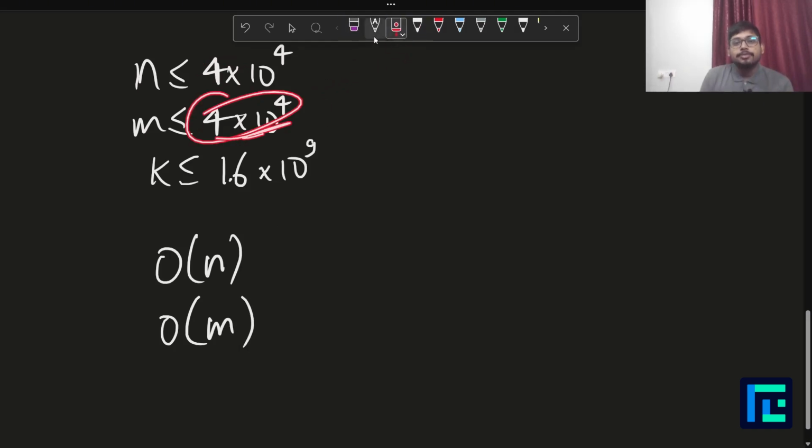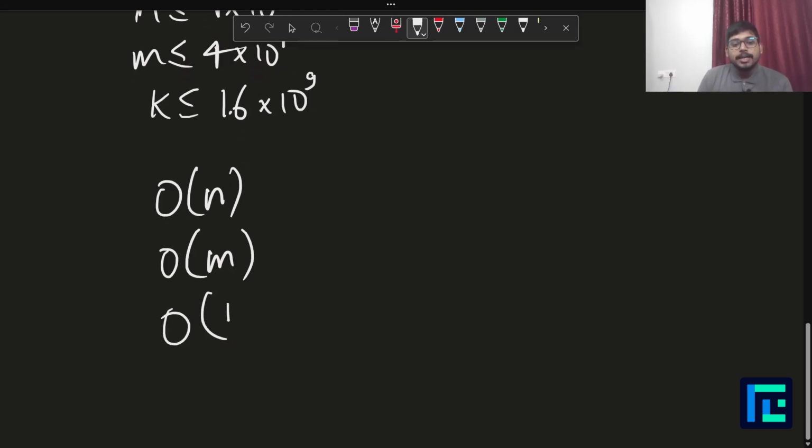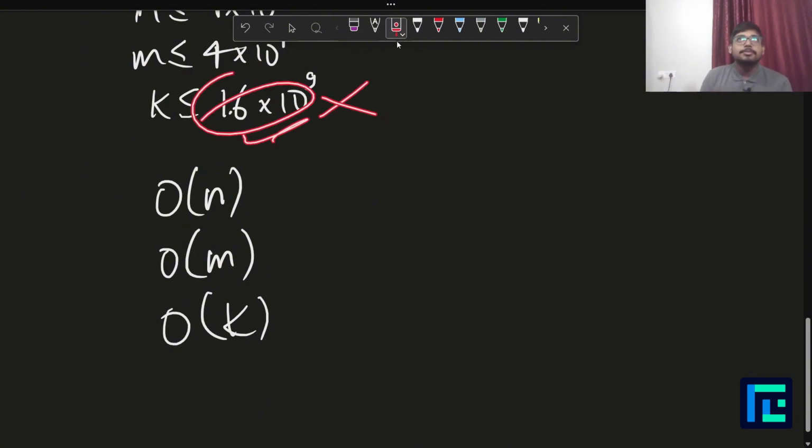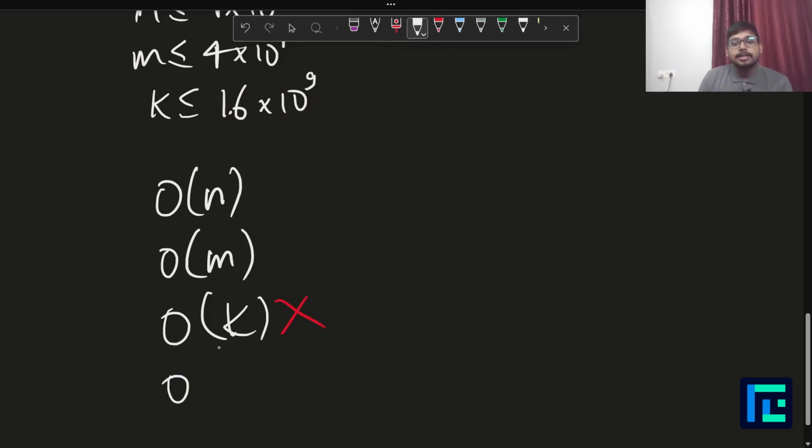But if we have order k, then 1.6 into 10 to the power 9 won't be fine, because in 1 second we can have only 10 to the power 8 operations. This would give us a TLE. But k was actually n into m, so if we have something of order square root of k, then this would be fine.